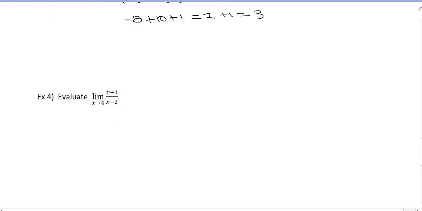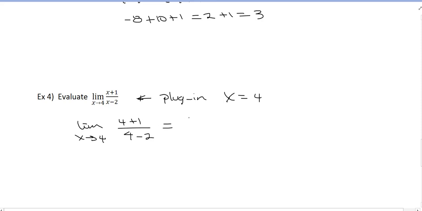So for this function, as x goes to 4, let's just plug it in. So we're going to plug in x equals 4 and see what happens. So I'm going to have the limit as x goes to 4 of 4 plus 1 over 4 minus 2. So I just get 5 over 4 minus 2, which is 2, so 5 halves, and I'm done.